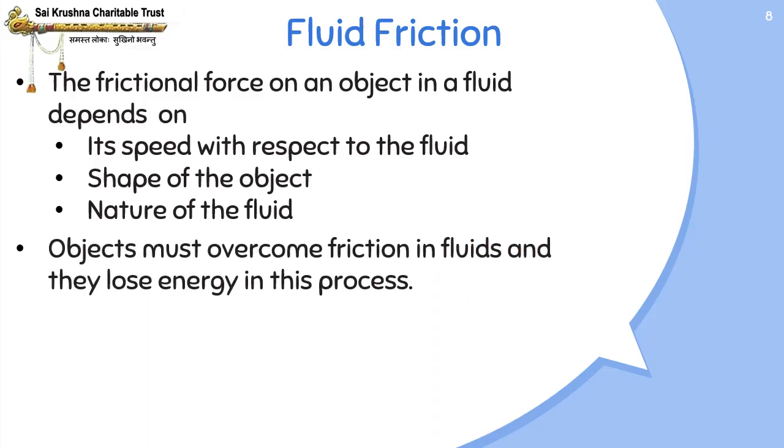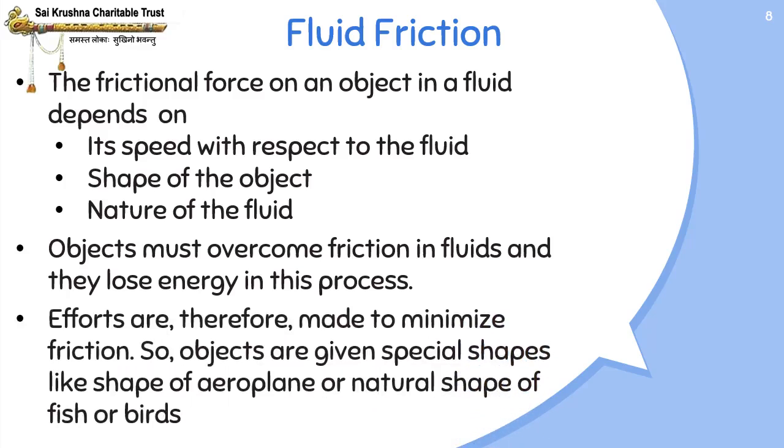When an object is moving through a fluid, it must overcome this friction, and in this process it loses energy because of friction. So our effort is always to minimize the friction.